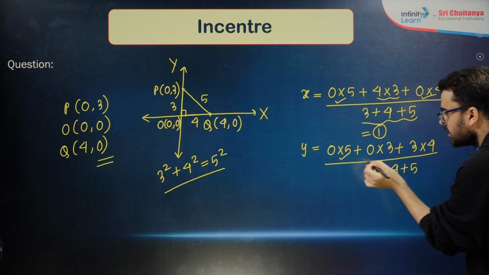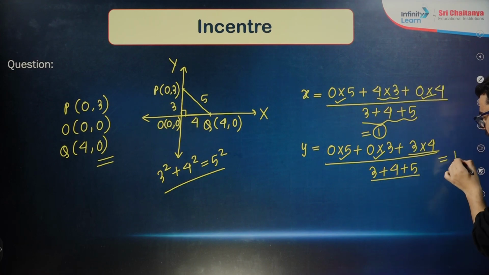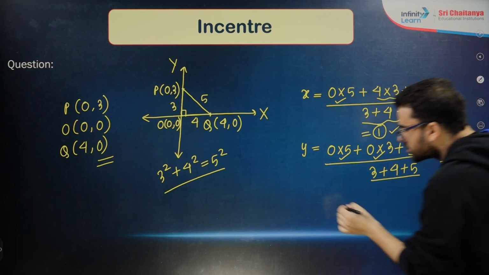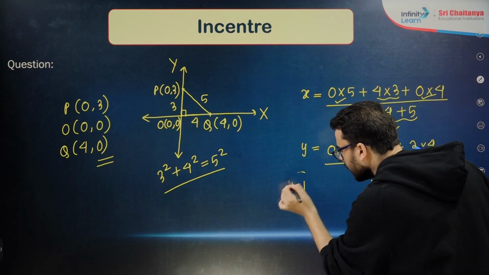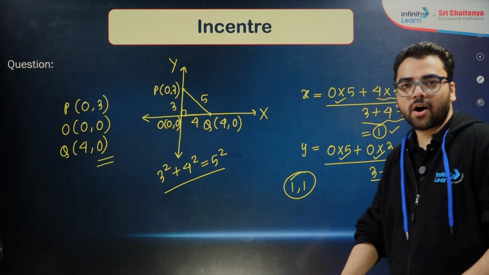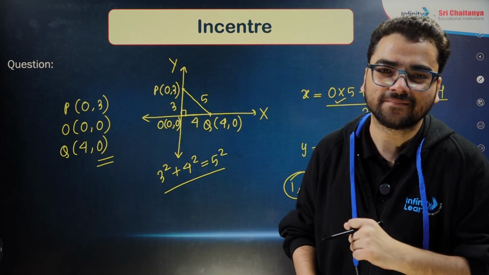Now you see this is 0, this is 0, this is 12 upon 12, that is 1. So what can we say? The coordinates of the incenter of this triangle are (1, 1). That's a direct question on the basis of the formula to find the coordinates of the incenter of a triangle.